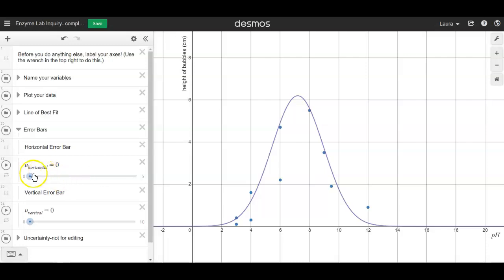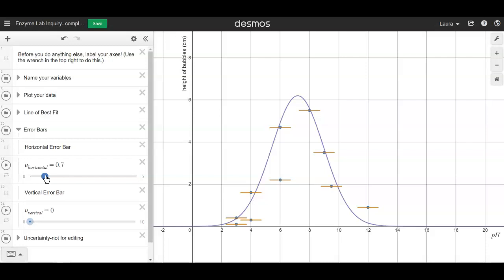I'm thinking about my horizontal uncertainty. As I move this, I can change the uncertainty. For pH, we were looking at this video and trying to match the colors. I couldn't even read the numbers on there, but I think I figured out what they were. It was pretty hard to match that color exactly. So if I said it was a 3, it's possible it could have been a 2 or a 4.